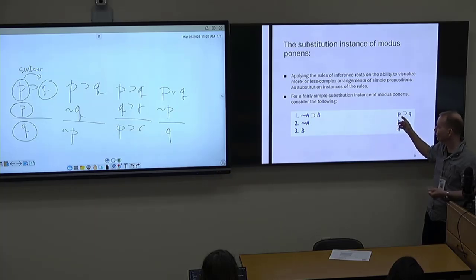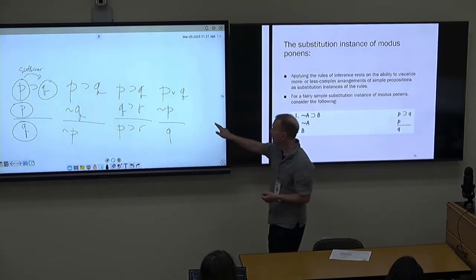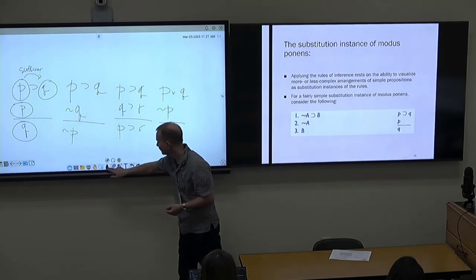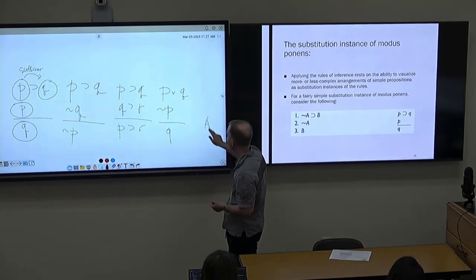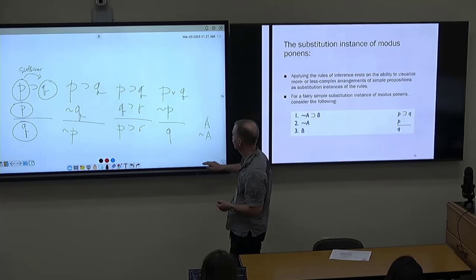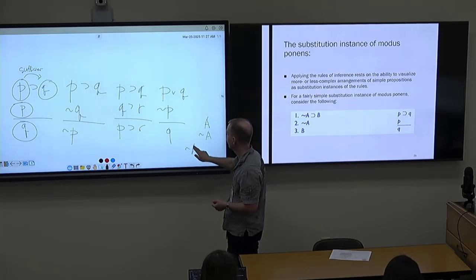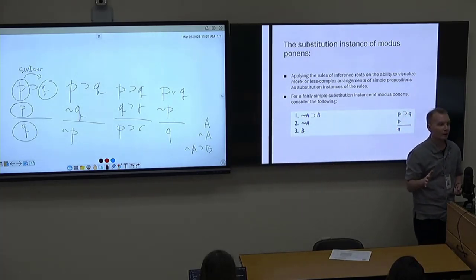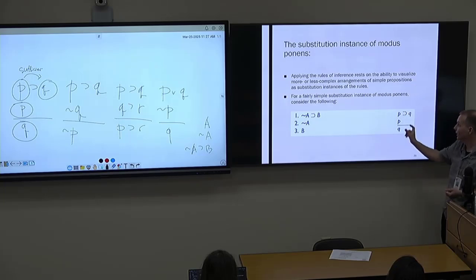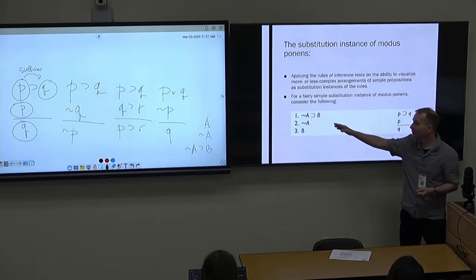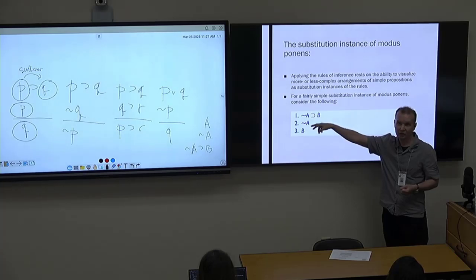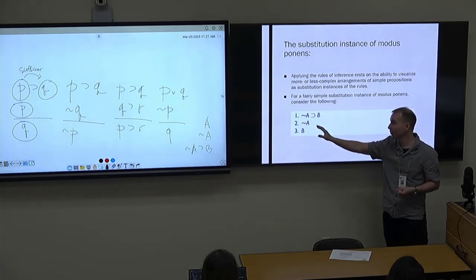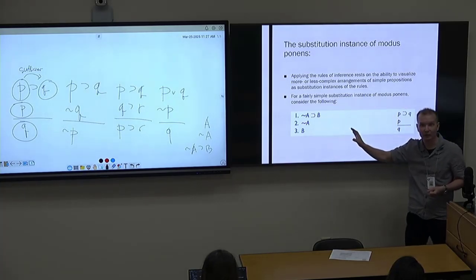Remember, it's like a little matryoshka. That P can stand for anything. It can stand for A. It can stand for not A. It can even stand for something like not A, therefore B. The whole thing can be just P. This structure will be preserved as long as you do not change the truth values and your overall structure is the same.